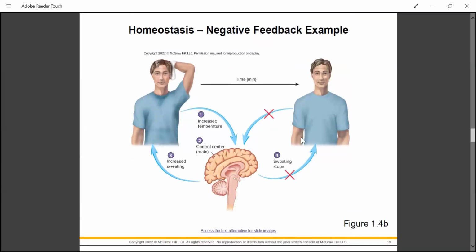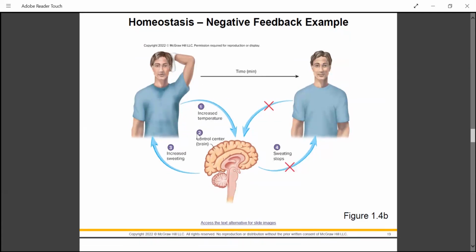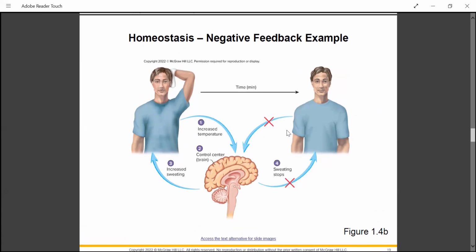And I guess the one good thing about this example is it shows that once sweating brings the temperature back down in this case, and the set point is restored, the sweating stops. So let's go through this actually. We talked about an example above about increasing temperature. In this case, the body is sensing an increase in temperature.